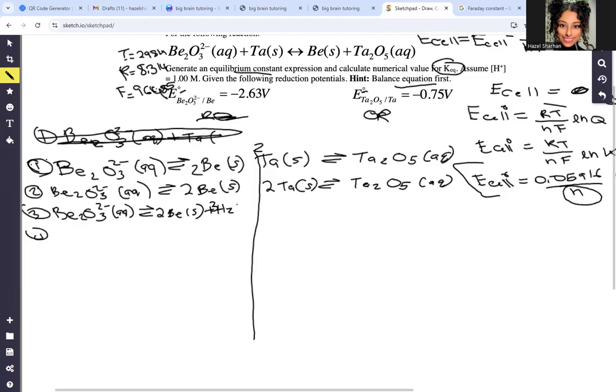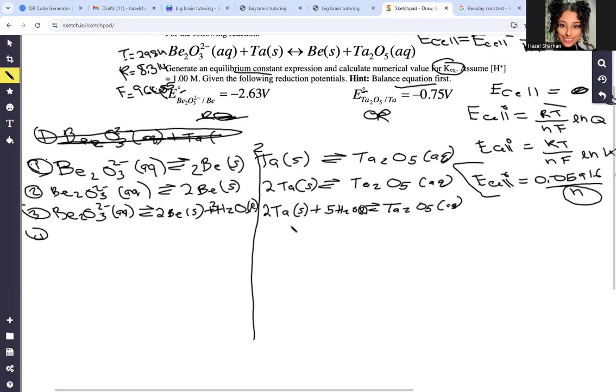And this side we have 5 oxygens, so we're going to add 5 H2Os here. This is its state. It's a liquid.